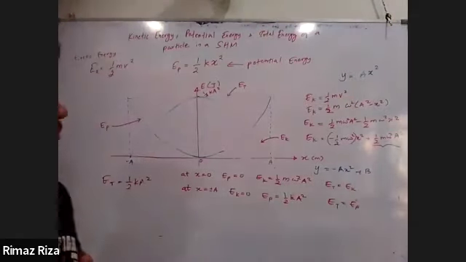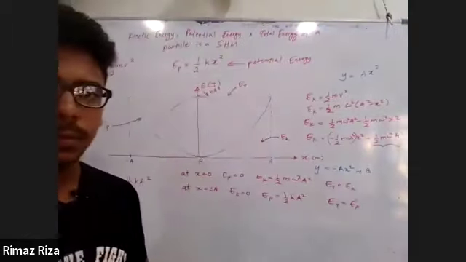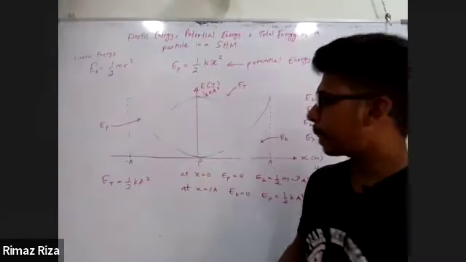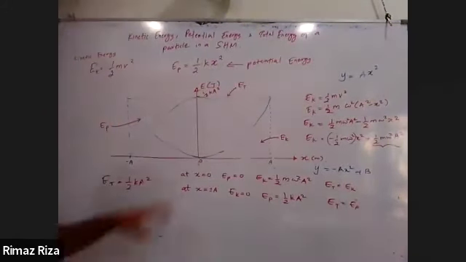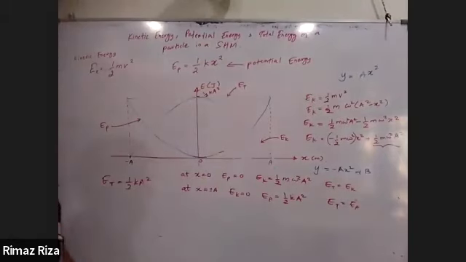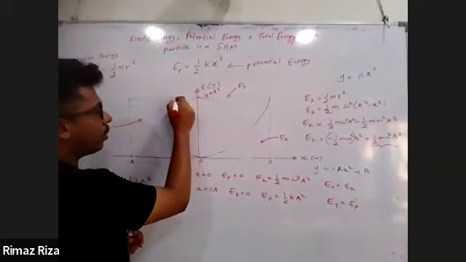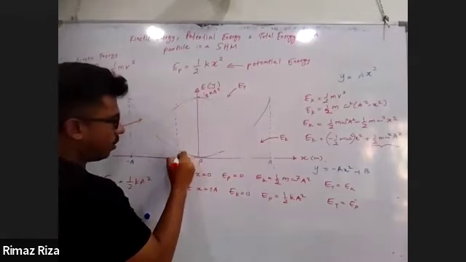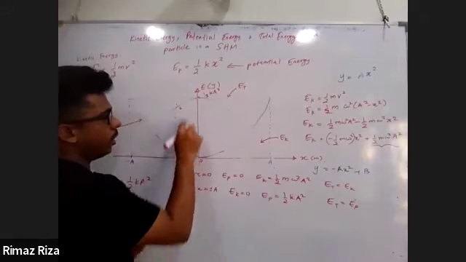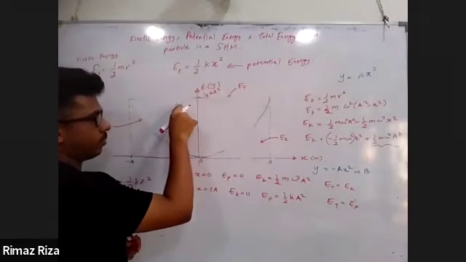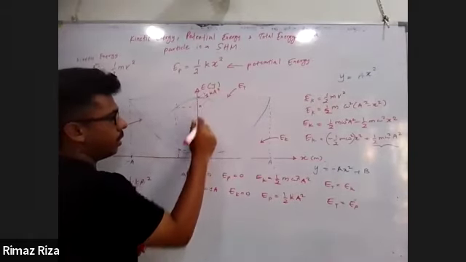Did you understand now? Okay, great. So quickly draw this, and you should emphasize that if you take any point and draw a vertical line, then the sum of the kinetic energy value, let's say a, and this value b, a plus b, is always equal to the total energy half k a squared.